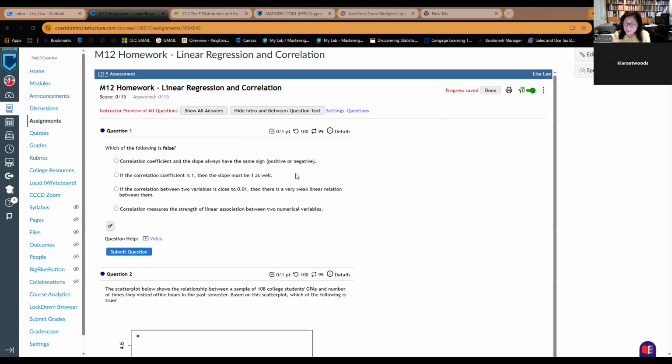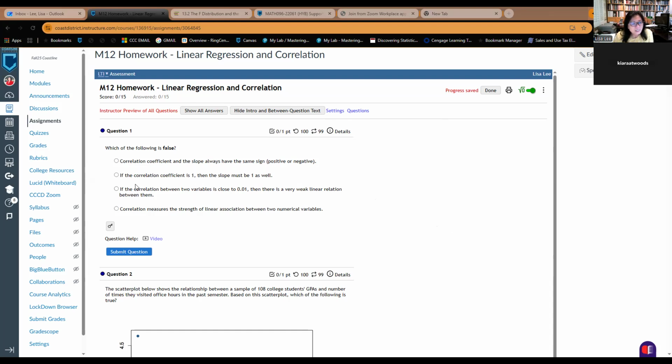In statistics, we use y equals a plus bx, and the b times the x, that number is the slope. So we just switch the x to the back, and instead of y equals mx plus b, in statistics we use y equals a plus bx. It's the same thing. So slope has the same sign: if r is positive, slope must be positive. Same sign, so this is correct.